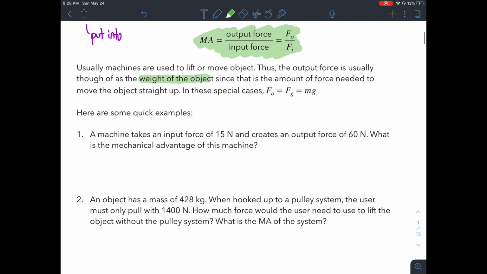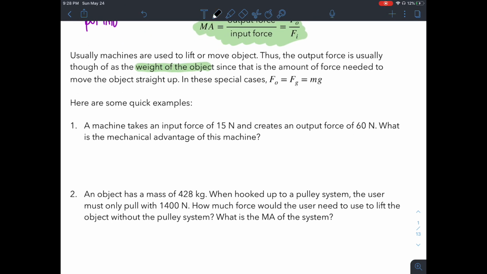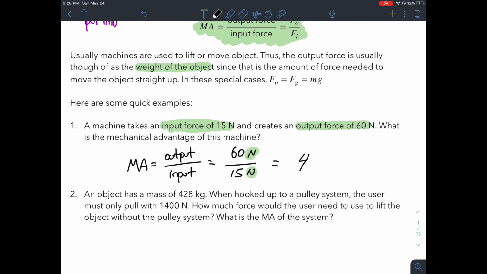So very simple, quick example about this. If a machine takes an input force of 15 newtons and creates an output force of 60 newtons, what's the mechanical advantage? According to our formula, the mechanical advantage is going to be output divided by input. So if we are putting out 60 newtons of force and we are inputting only 15 newtons, making sure our units are exactly the same, this gives us a ratio of 4.